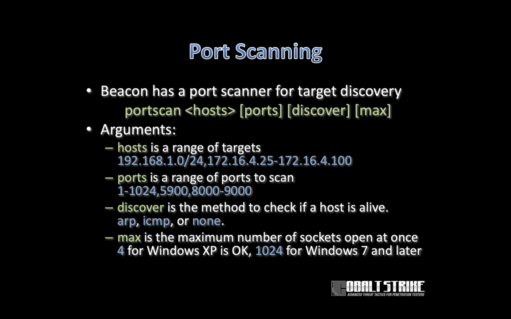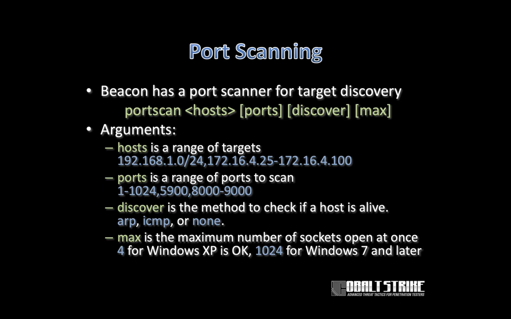If you specify ARP, that will have the port scan tool try to look up the MAC address of the target before it starts to scan it. ICMP will use an ICMP ping to check if the host is alive, or none will skip this entire process and scan the ports for each possible target as if it is alive.